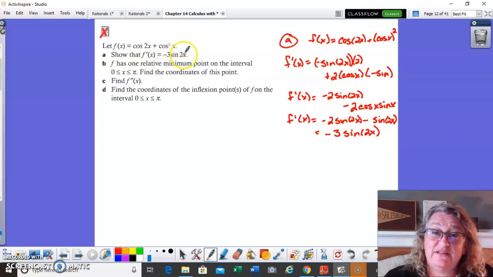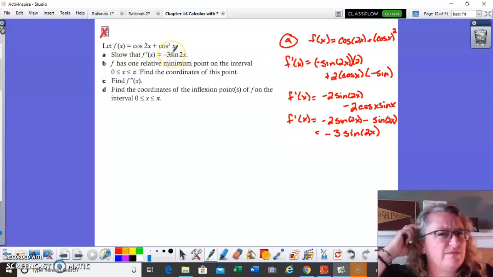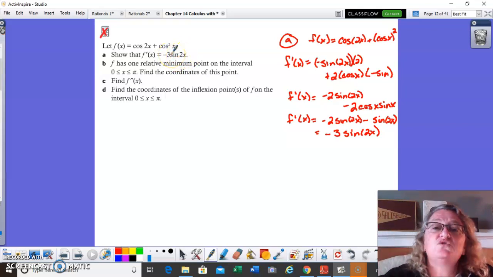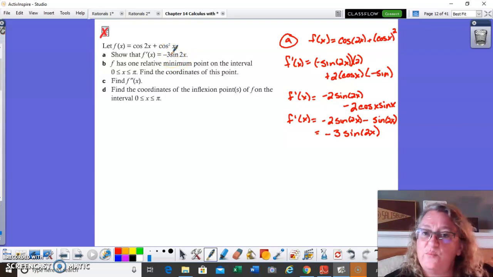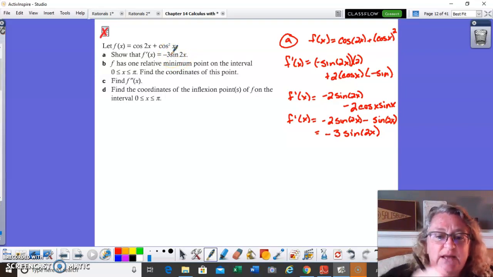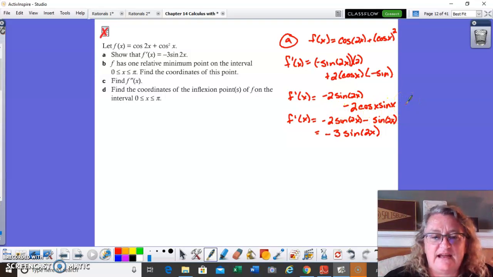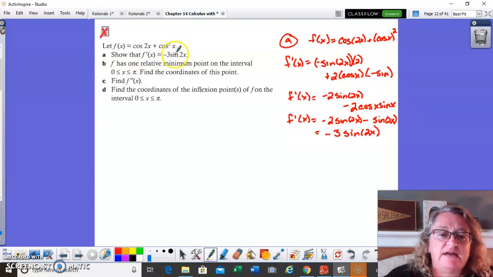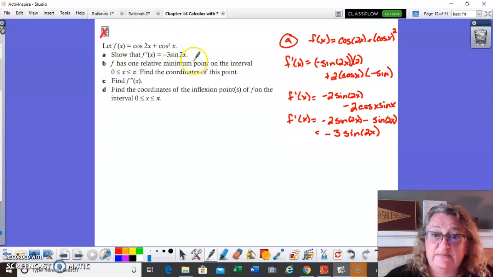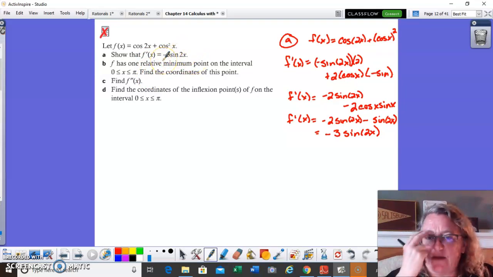Saw the 2 in front of the x and thought, there's going to be something double angle coming up here. So I had my formula packet already open to the double angle identities before I even hit this negative 2 cosine x sine x. So I was already anticipating that coming up. That's how I knew it was coming. Anytime I see sine or cosine of 2 times an angle, I always have out my formula packet with the double angles.